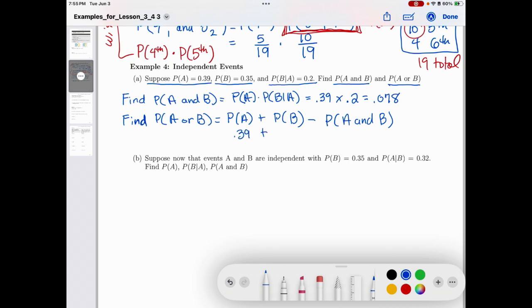We know that the probability of A is 0.39. We know the probability of B is 0.35. And then we weren't given the probability of A and B, but we just figured it out. It's 0.078. So now when we combine that all together, we get that the probability of A or B is 0.662.